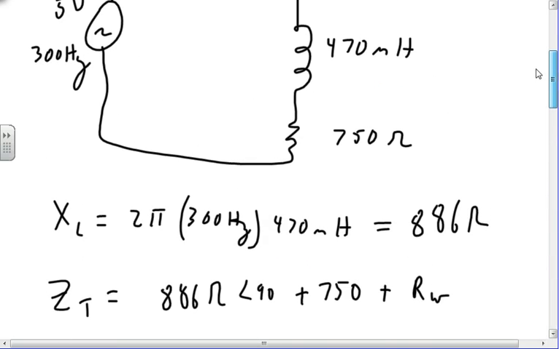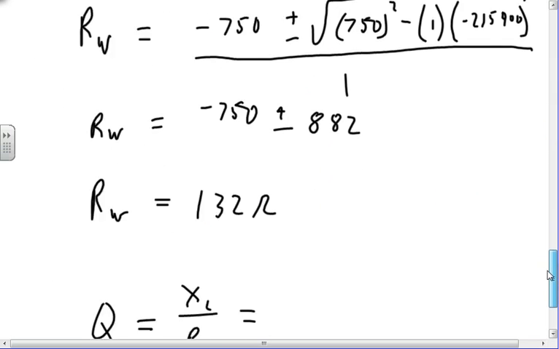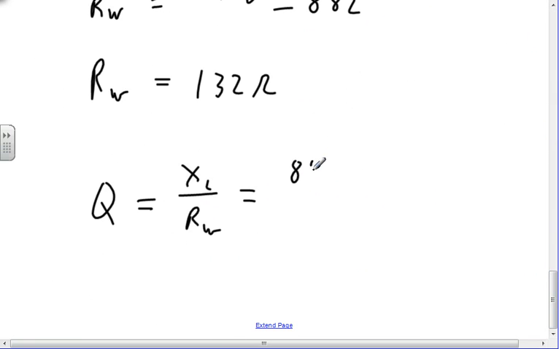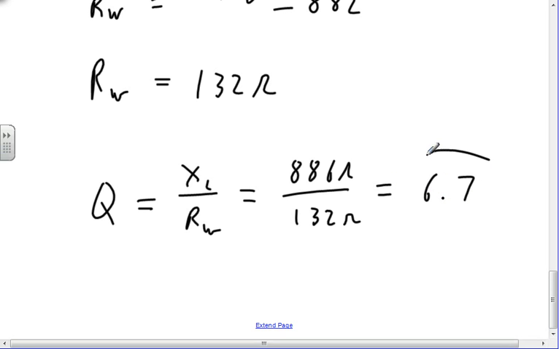There it is, 886 ohms. 886 ohms divided by 132 ohms equals 6.7. That is my final answer.